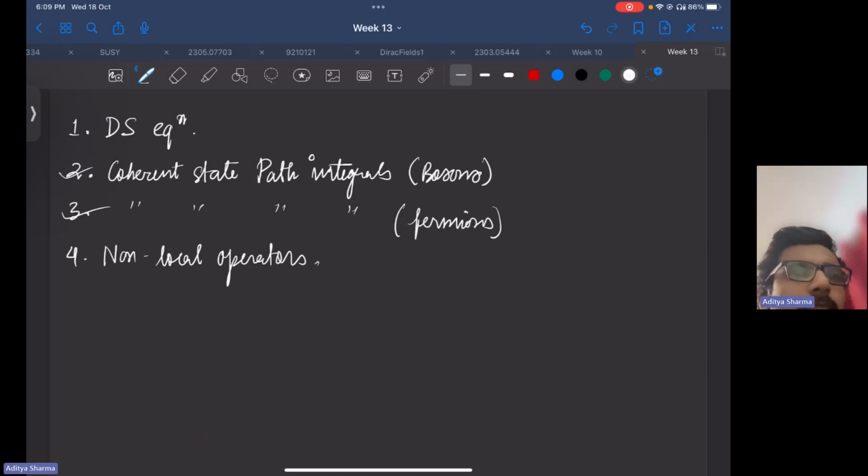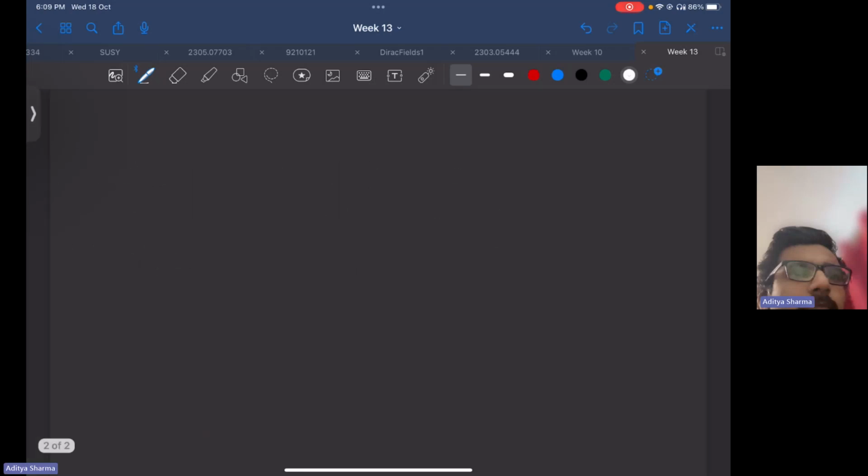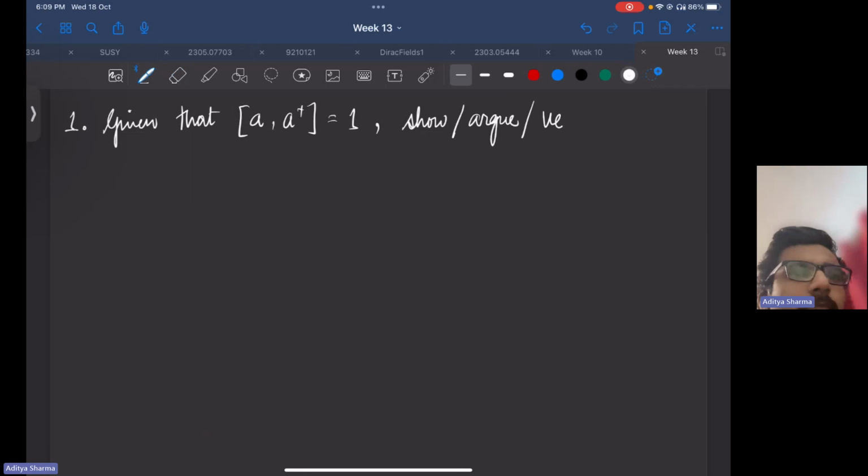Okay, so let's start solving problems. The first question is: given that A dagger has a commutation relation like this, we want to show, or argue, or verify, that A dagger can be written as d/dA.